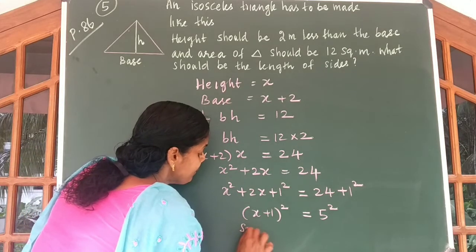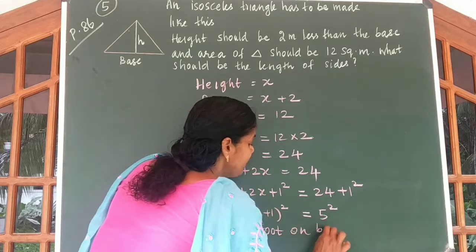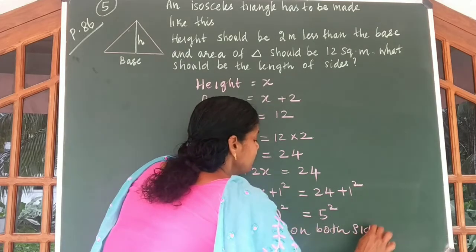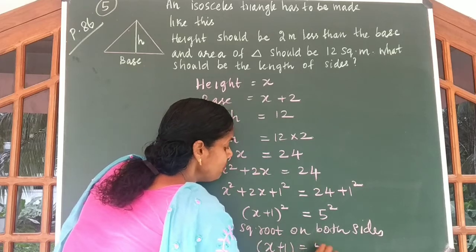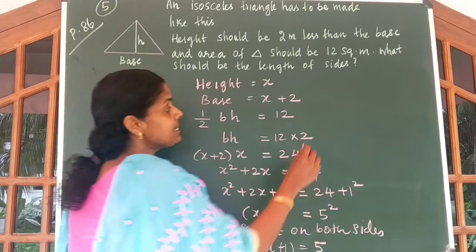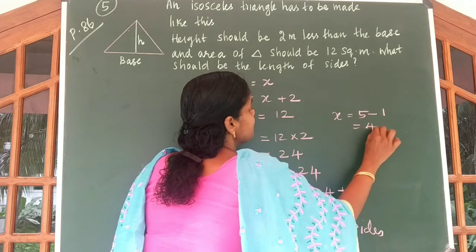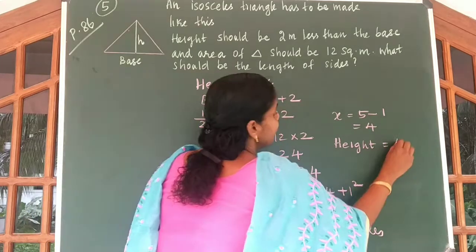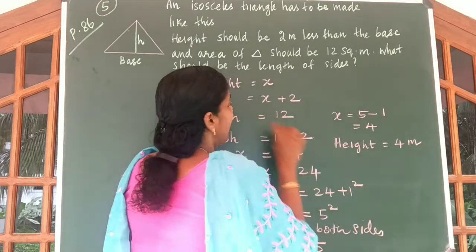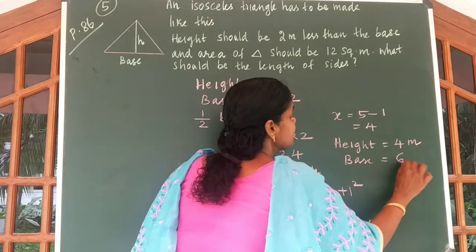By taking square root on both sides, we get x plus 1 equal to 5, or otherwise x is equal to 5 minus 1 which gives you 4. So we can say height is equal to 4 meter and base is equal to 4 plus 2, 6 meters.